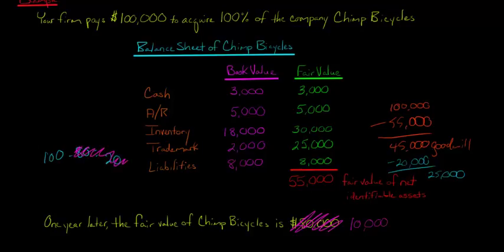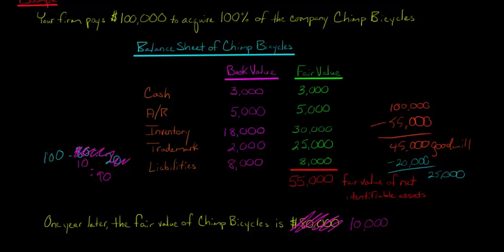Because if we update our numbers here, we had $100,000 carrying value minus the $10,000 fair value, it would seem like there would be a $90,000 goodwill impairment. But here's the catch. We only recognized $45,000 of goodwill when we initially acquired this Chimp Bicycles, right? So we only have $45,000 of goodwill, so we can't have a goodwill impairment of $90,000.